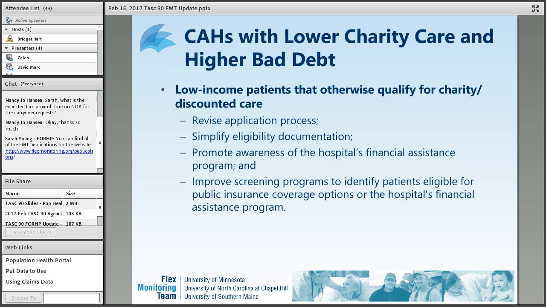So what does that tell us about what policies need to be undertaken? Can they improve the screening process? Can they revise billing systems to capture and manage charity care at different stages of the billing process? But a process to think about looking at that issue.